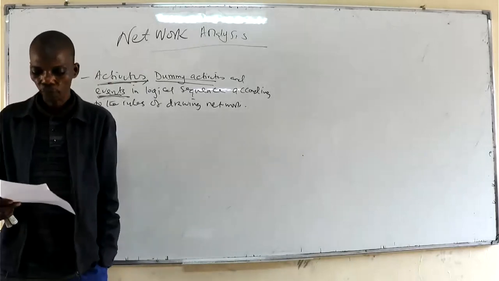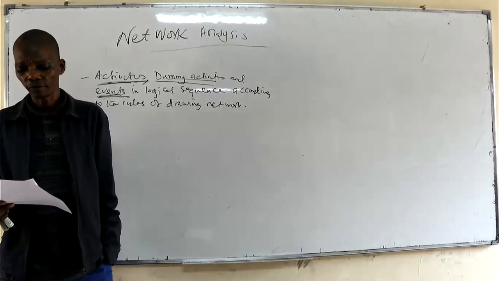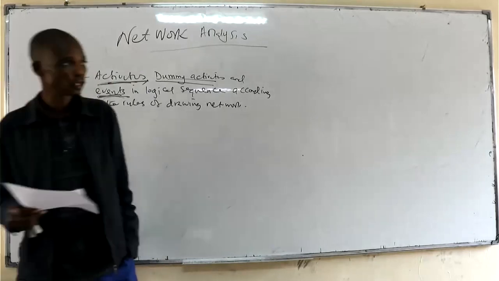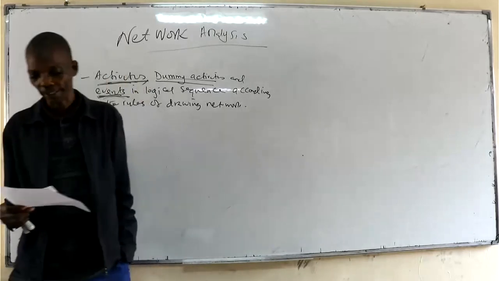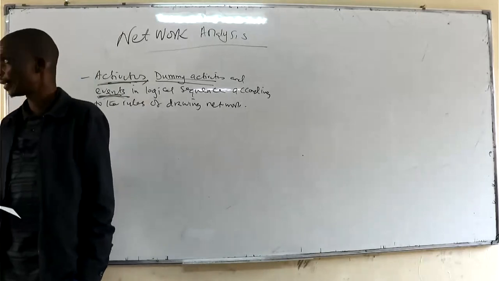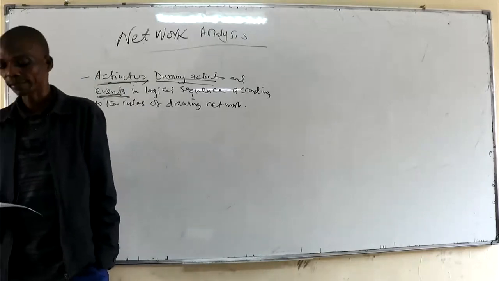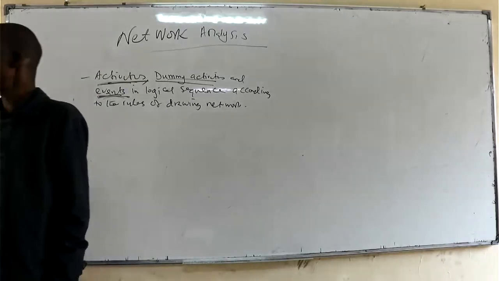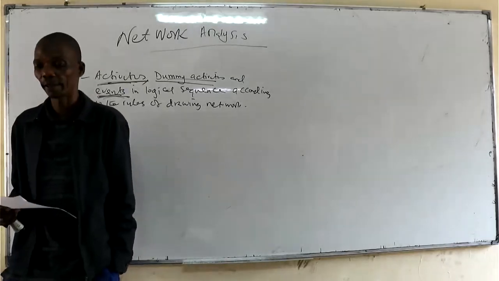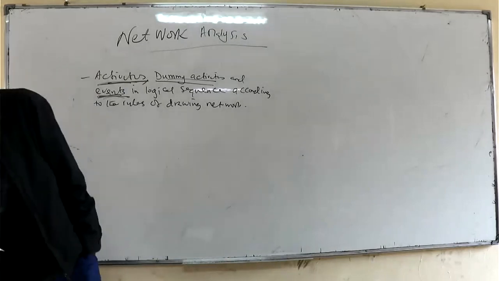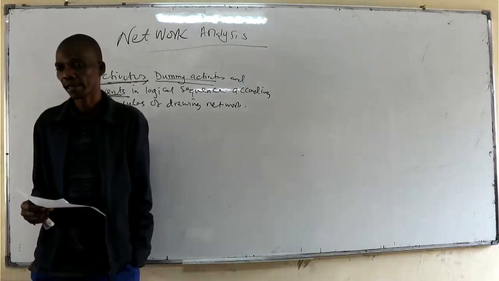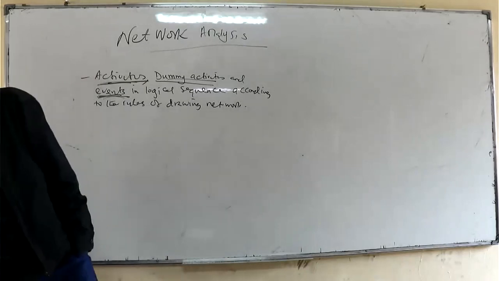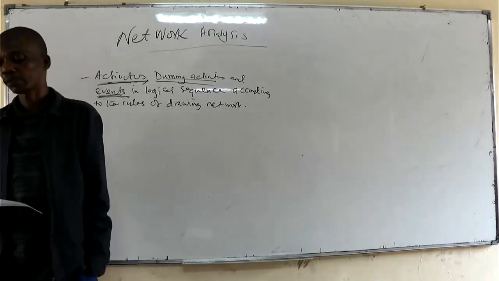As I've already said, we also have to understand the logical sequence of the activities in the network. The logical sequence determines what must end for another one to start, and so forth. Because in the construction of a building, you cannot start with the roofing, and neither can you start with the walls. You have to start with the digging of the foundation.